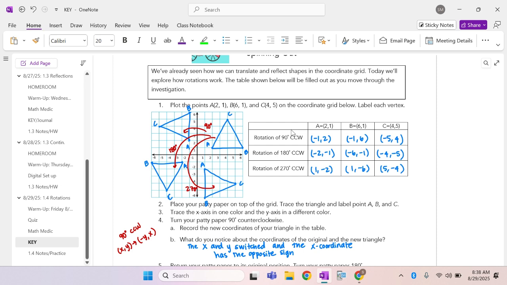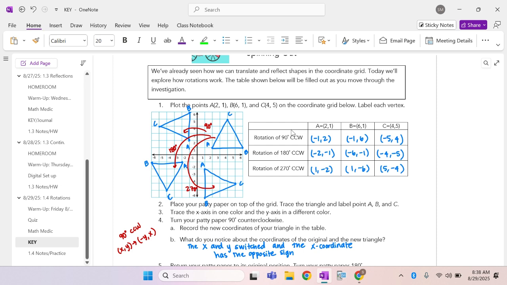Now, 270. Again, look at it in terms of the pre-image. So ABC in quadrant 1. What happened to the points? Right. They switched places again, but now the x that's in place of the y value is now negative.